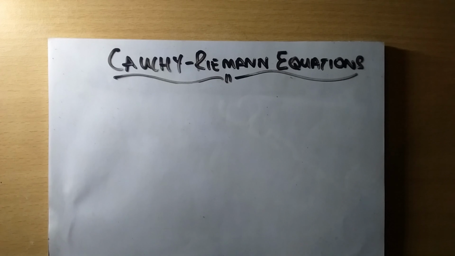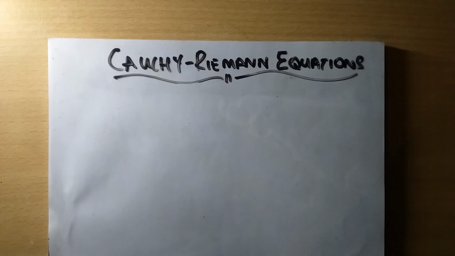So as I said, today we'll be doing Cauchy-Riemann equations. Basically, in Cauchy-Riemann equations, guys, they talk about a function of complex variable. Let's suppose we have a function of complex variable which is given by u(x,y) plus i v(x,y).